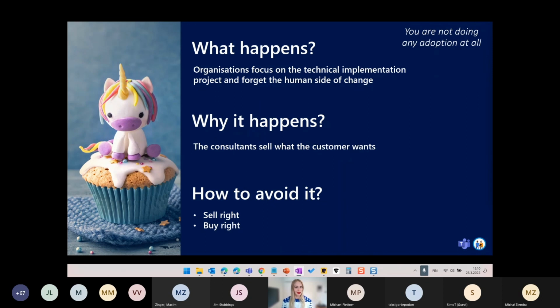One real horror story about this is the huge public tender process in Finland. In Finland, every public organization has to open its implementations to a public competition. It's called a tender.